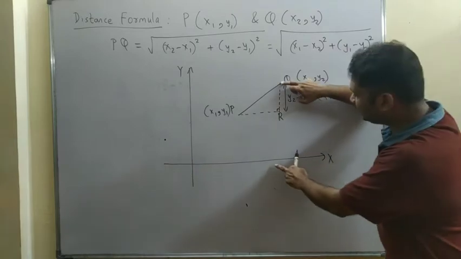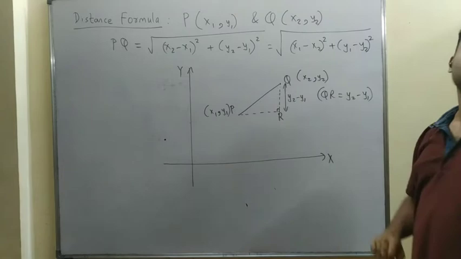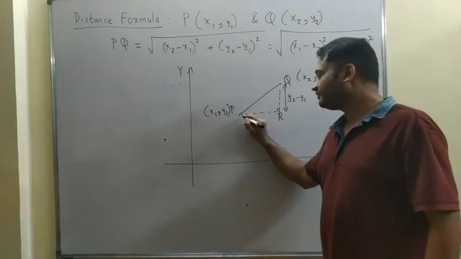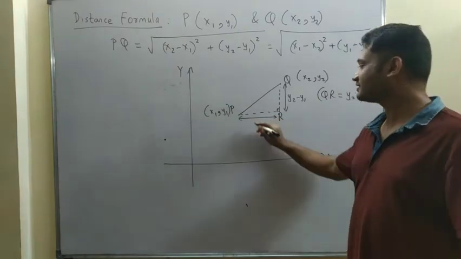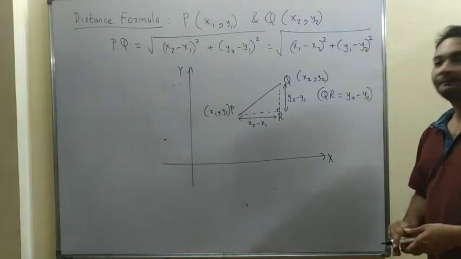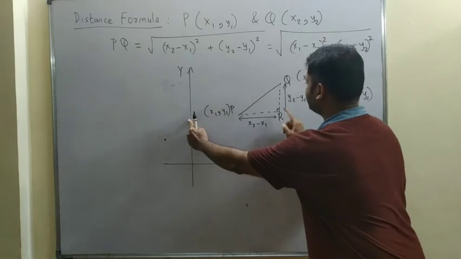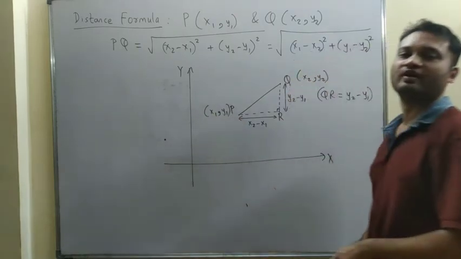So y2, the big distance, minus y1 is QR distance, which is y2 minus y1. Also, in the previous section we proved this PR distance is nothing but x2 minus x1. Why? Because PR is this distance, which is x2 minus this distance, which is x1.